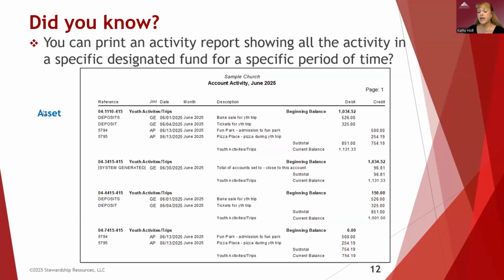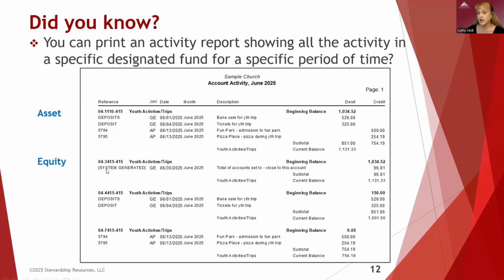So we have an asset here, which is our bank account that is subbed out just for activities. We also have our equity, and it gives us a balance there. And notice that the balance of our equity matches the balance of our subbed out banking. So that's kind of a nice check and balance you can have set up.